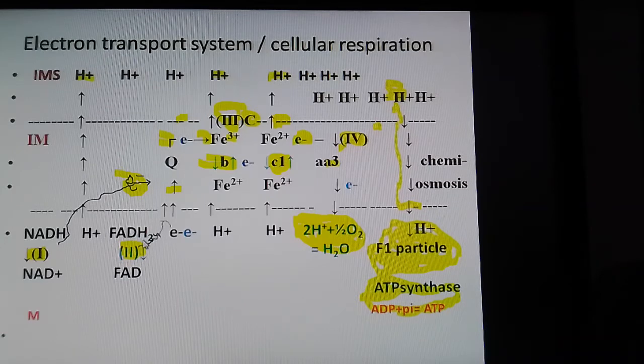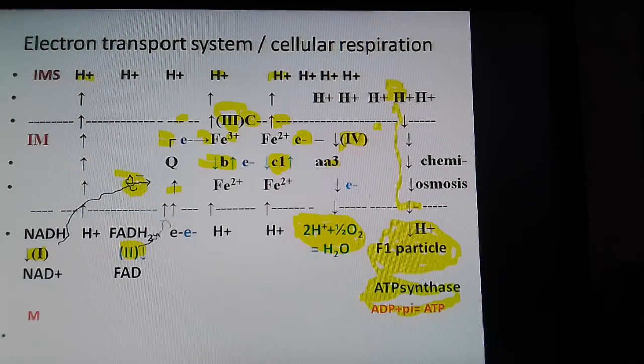And then this FADH2 will be oxidized into FAD, as we already told, in the presence of complex 2 involving that succinate dehydrogenase, and the electrons received out of this will also be getting into this coenzyme Q. That way the coenzyme Q is reduced by accepting the electrons out of the NADH and FADH2 when they are oxidized into NAD+ and FAD respectively.